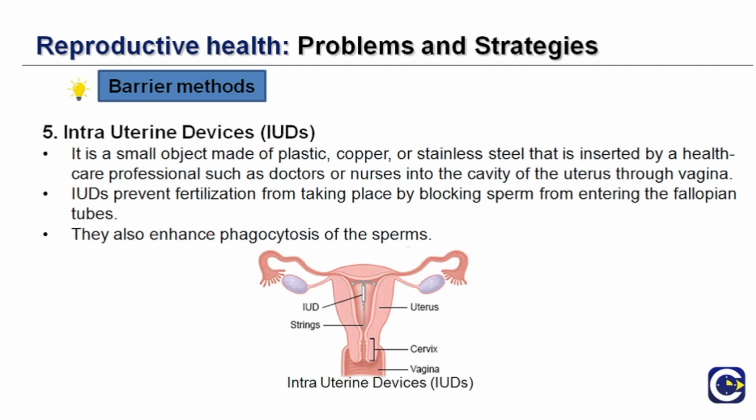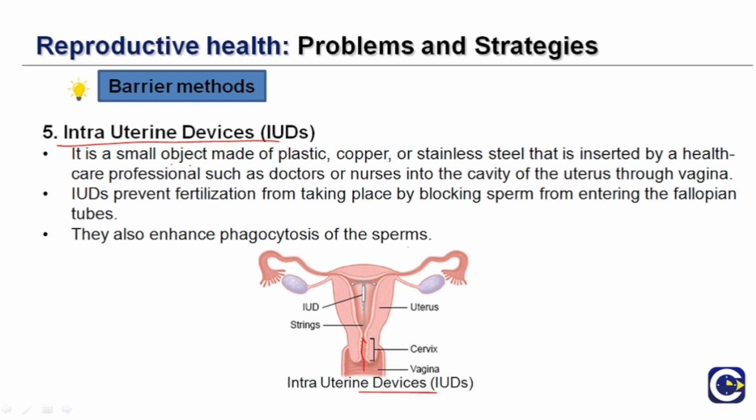Okay, so the fifth and most important method is the intrauterine device. And this is where some of the questions in the NEET examination come from. So what exactly is an intrauterine device? If you look at this figure here, you can see that there is an intrauterine device that is inserted through the vagina.